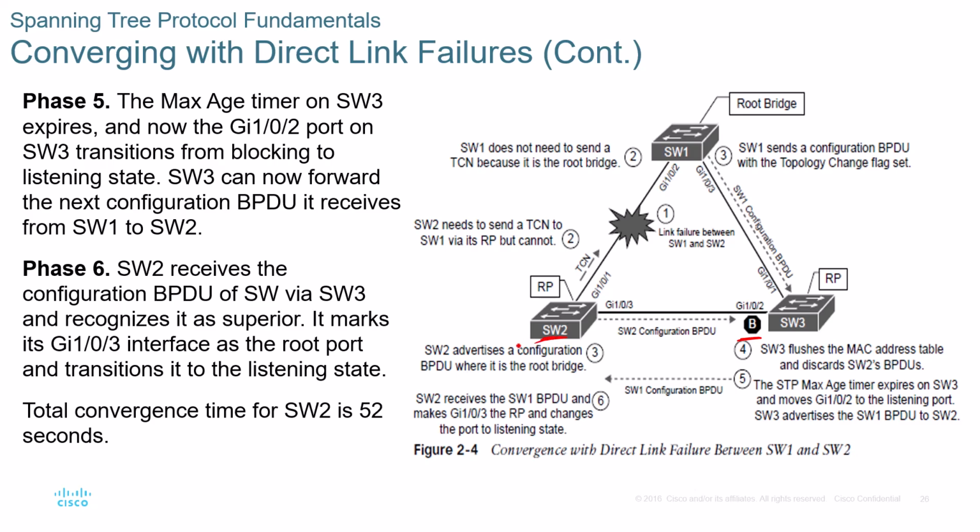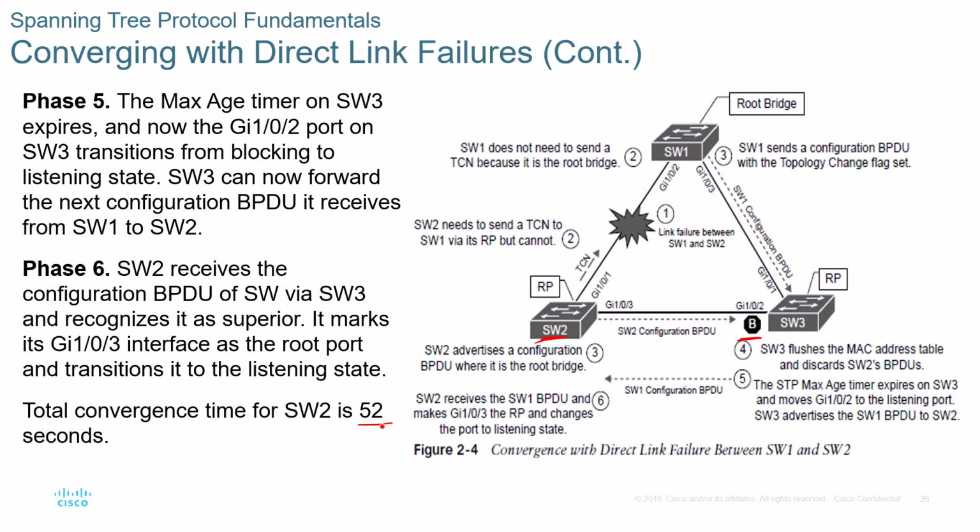So switch 2 will now figure out, oh, I'm not really the root bridge, and then will process it. All of this takes about 52 seconds for this process to re-engage the downed link. And that's the ideal time.